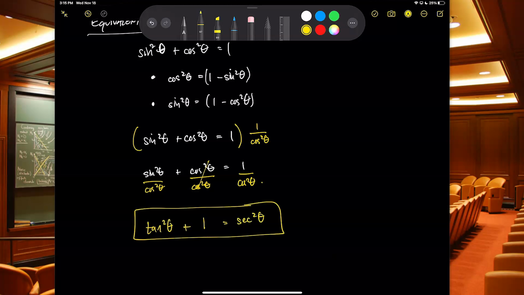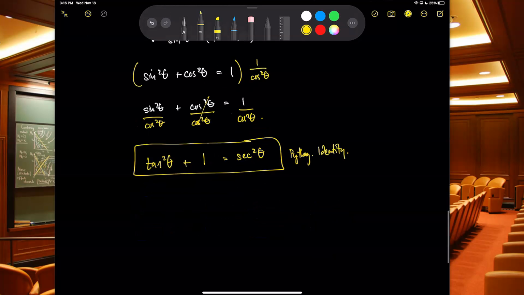So this is another form of the Pythagorean identity. And it's used if I want to represent secant in terms of tangent or the other way around. So I could subtract 1 from both sides and just get another version of this.